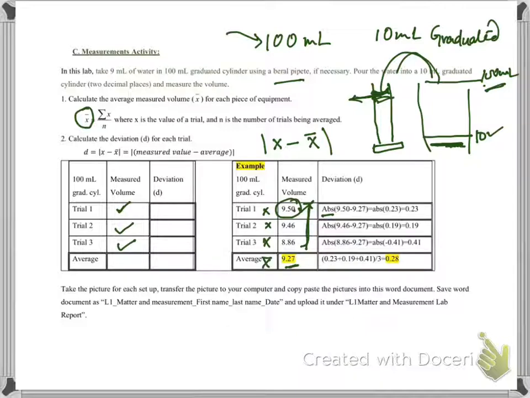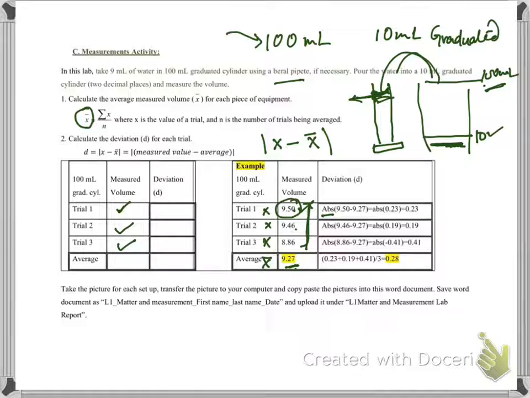So x minus x bar: 9.50 minus 9.27 is 0.23, and the absolute value of 0.23 is 0.23. Then this minus this here, and then here this minus this. Now 8.86 minus 9.27 is negative 0.41, but your answer will still be 0.41 because the absolute value of negative 0.41 is 0.41.